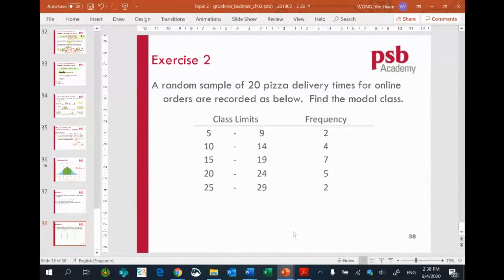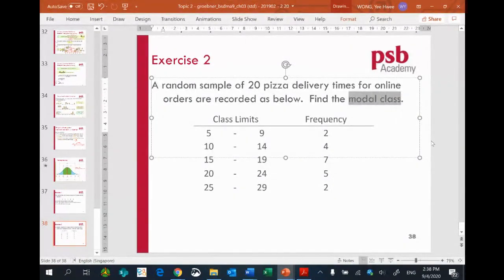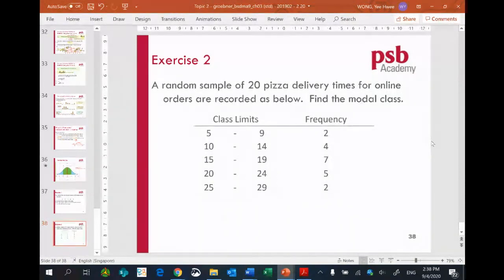A random sample of 20 pizza delivery times for online orders are recorded as below. Delivery time 5 to 9 minutes, 10 to 40 minutes, and so forth. Find the modal class. What is the modal class? The mode is the number that appears most in the data set. But here, all your numbers are already summarized into classes.